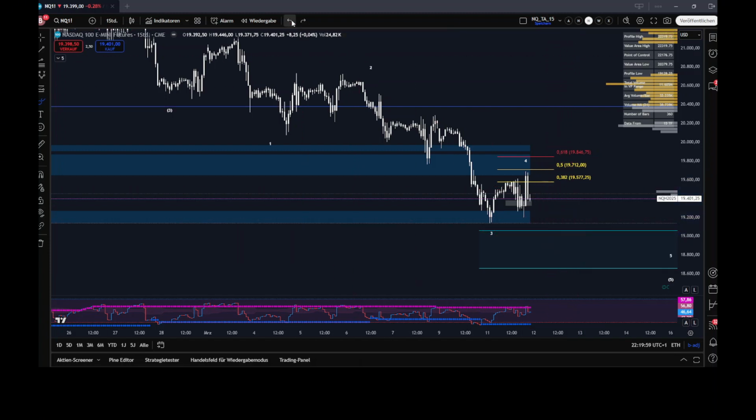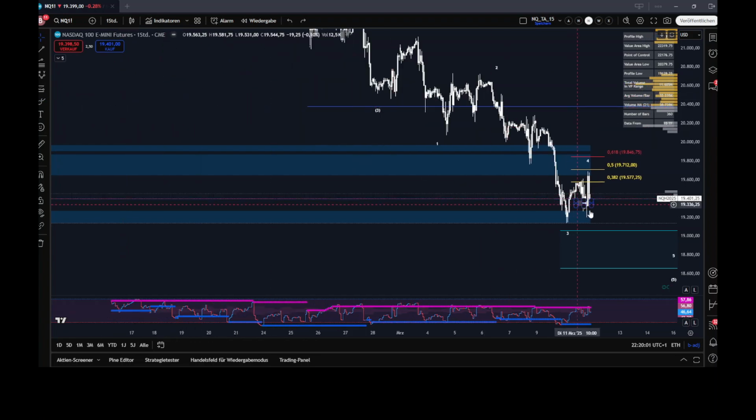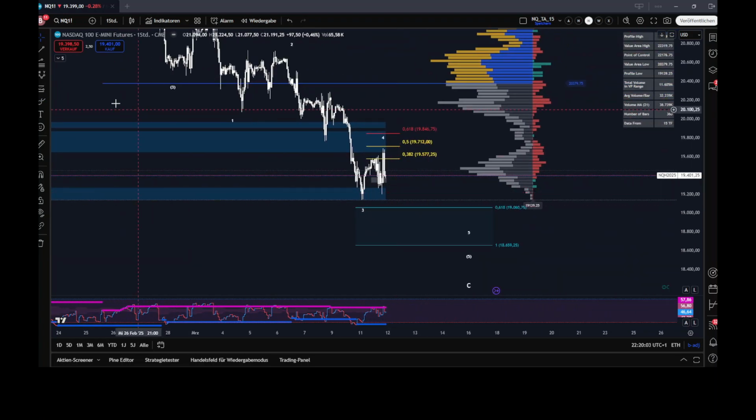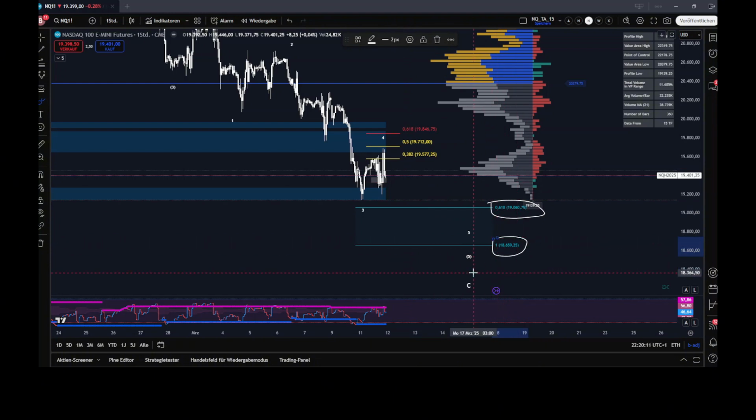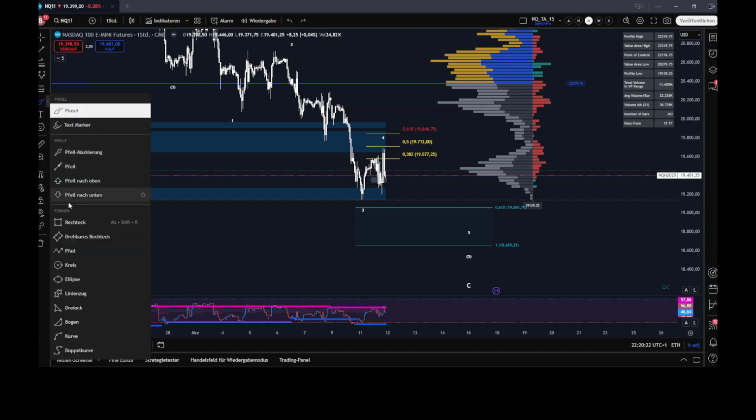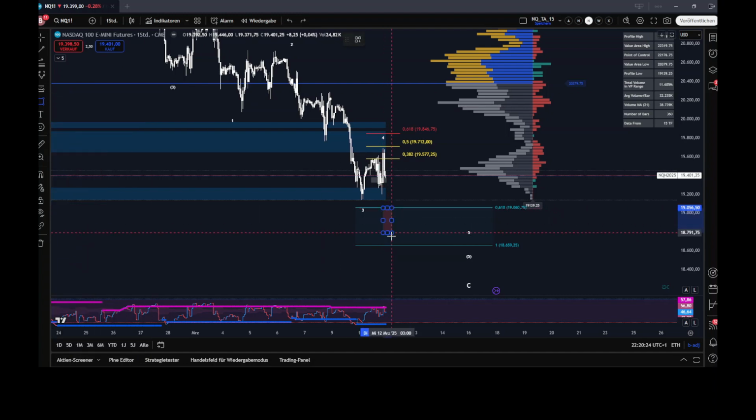And there now comes into play what I was talking about, these two Fib extension levels. It's either a very short 5th wave to the downside, or we have the 100% extension. These two levels are 19,060 and 18,659. So this would be, in my view, now a target for this 5th wave, and I can mark this with a target box here.